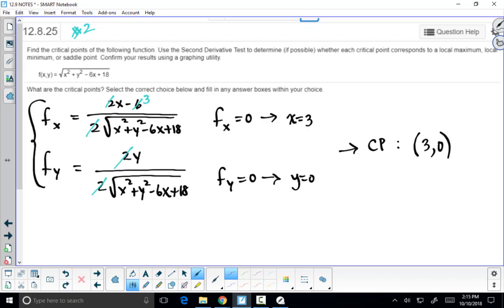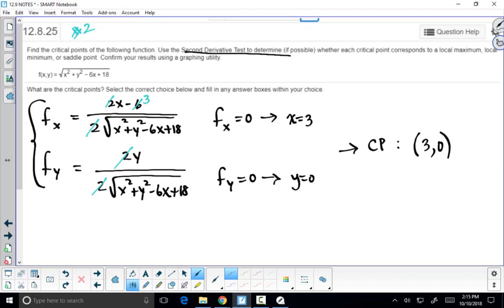Now, we have to decide whether it's a max or min. It says to use the second partials test, the second derivative test. What do you think intuitively? If you plug in (3, 0) here, plugging in 0, the y goes away. Plugging in the 3, you get 9 minus 18 plus 18, so you get the square root of 9, you get 3.